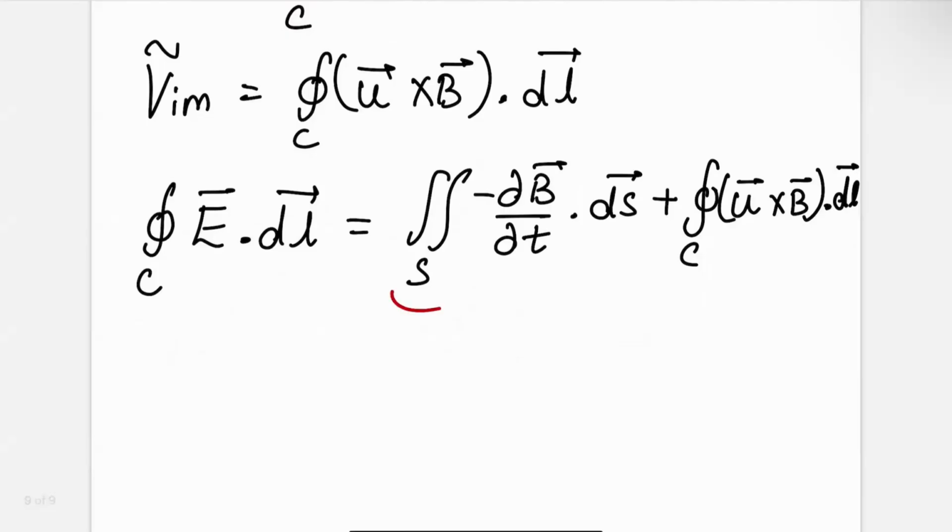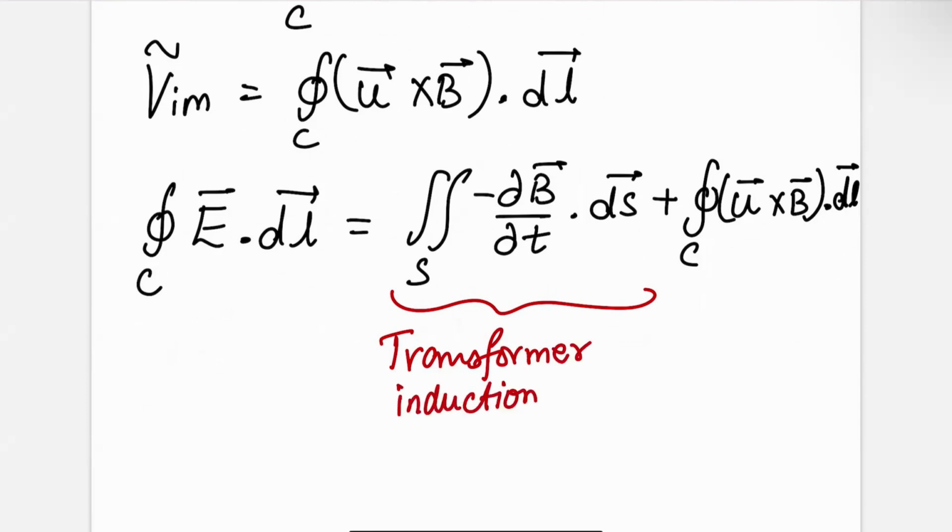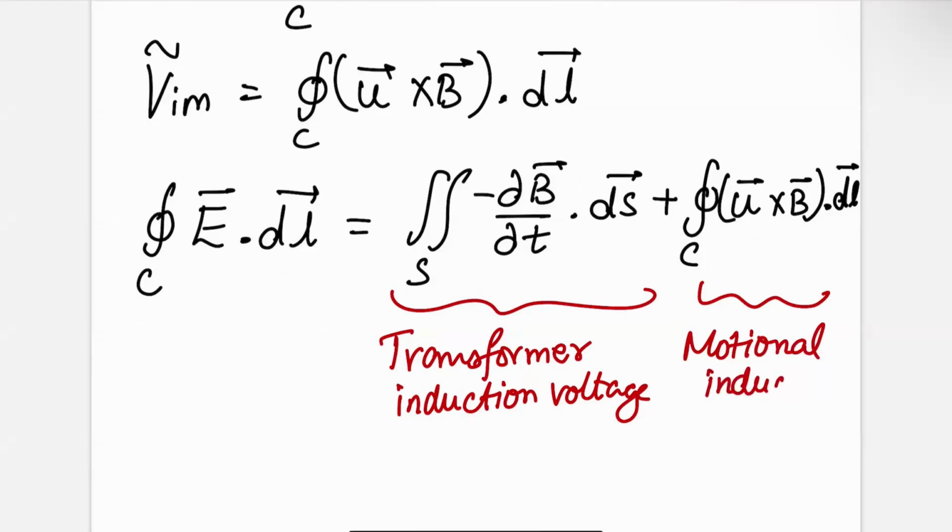Okay, so this first term is called the transformer induction voltage, and this second term is called the motional induction voltage. And it's called motional induction because there's motion involved, right? There's this u term in here.